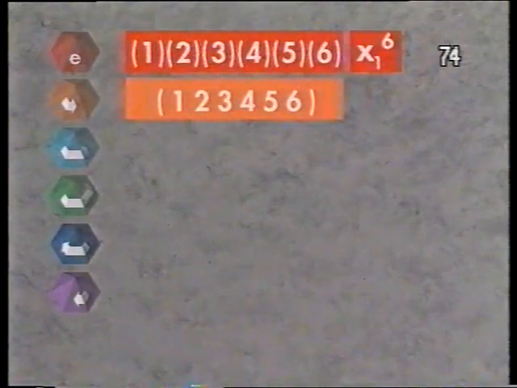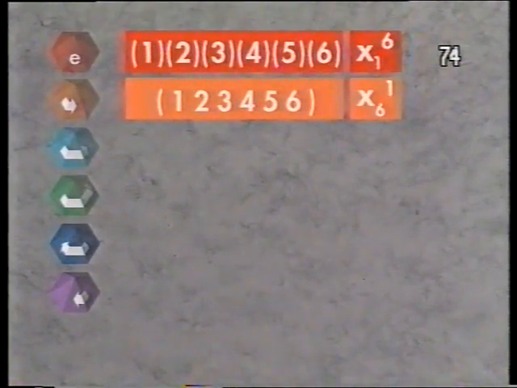Just as with the pattern inventory, we'll multiply the symbols for the different cycles within each symmetry. The identity has 6 1 cycles, so its cycle index is x1 raised to the power 6. And you can construct the cycle index for each of the other symmetries in the same way. The anti-clockwise rotation by one face has a single 6 cycle, giving just x6.